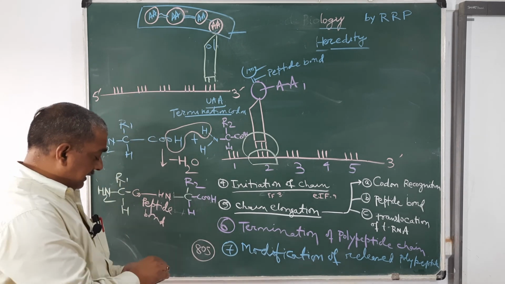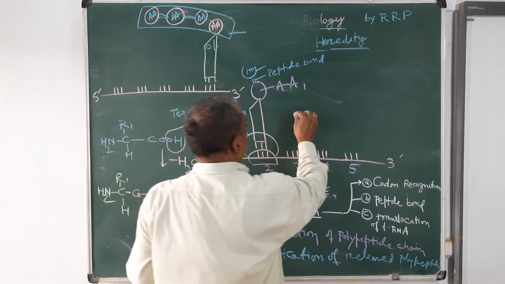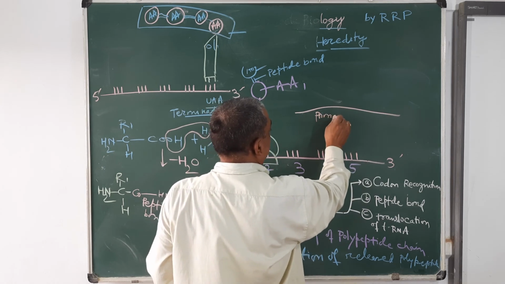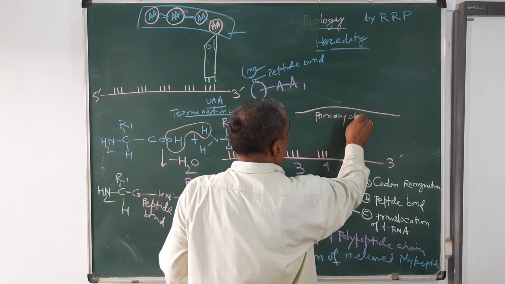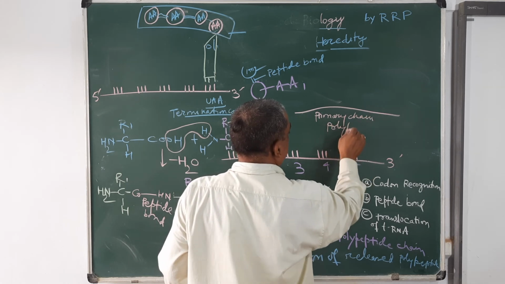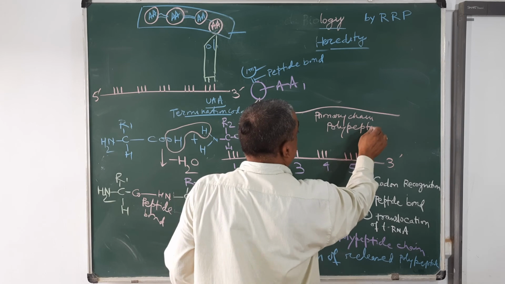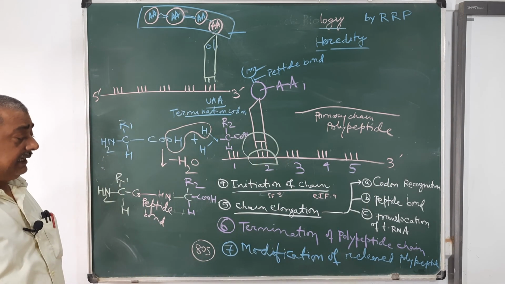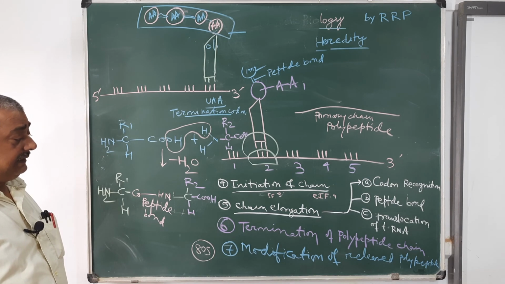As a result, a new polypeptide chain, or primary chain of polypeptide, is formed. Later on, they are modified. So the last point is the modification of the released polypeptide chain.